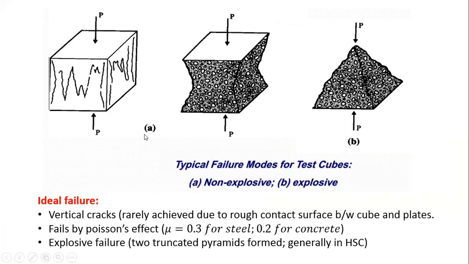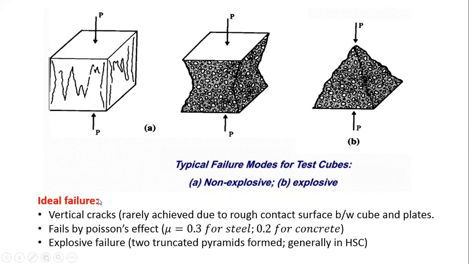The A part is your non-explosive failure. When you apply the load, the vertical cracks appear here, and the concrete spalls off in this region. That is called the non-explosive type. And suppose a complete cone is formed here and the concrete is removed by force from this side, that is called explosive failure.